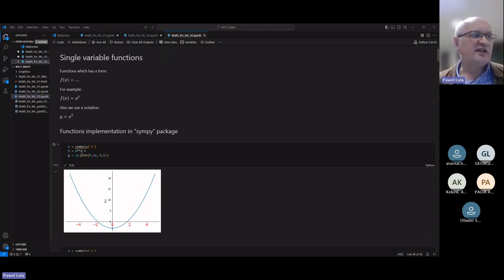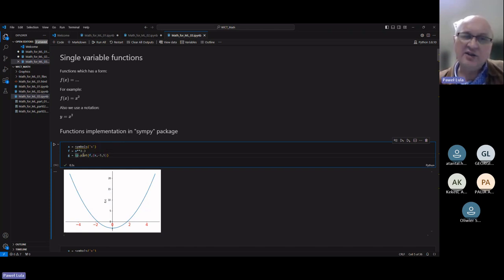A function is here. This function F is defined in this way, which we see here: x to the second power minus 3. So it is a function definition, a function in the mathematical sense.